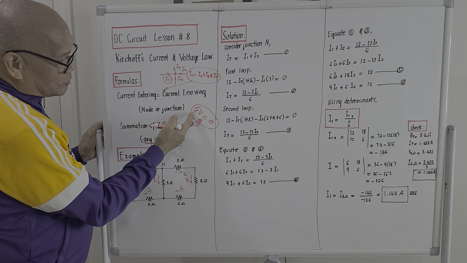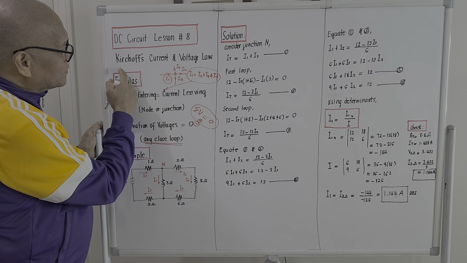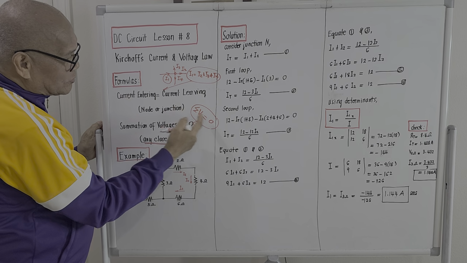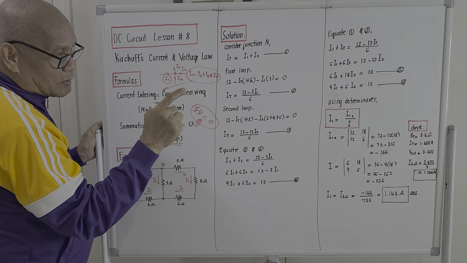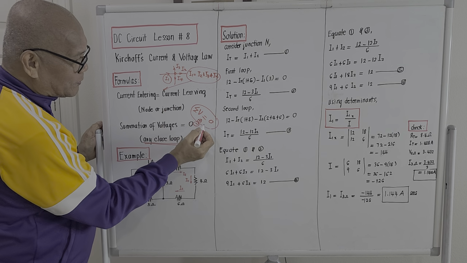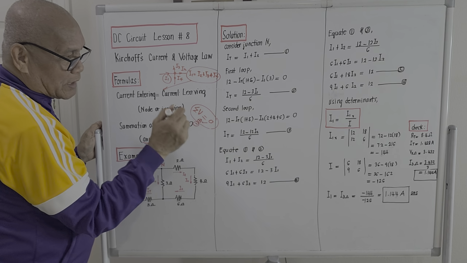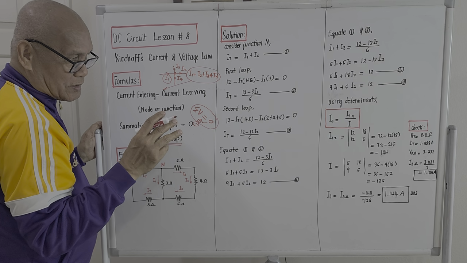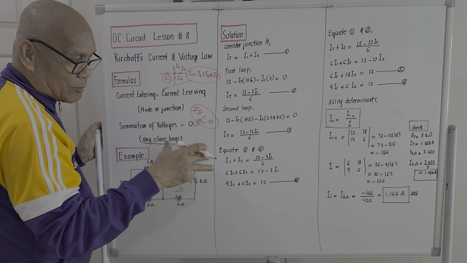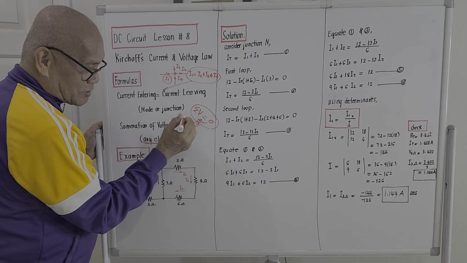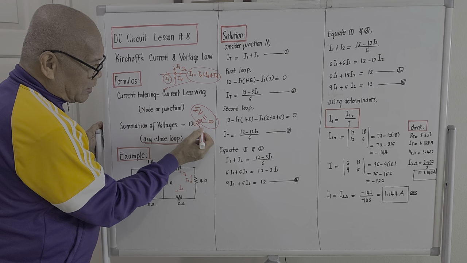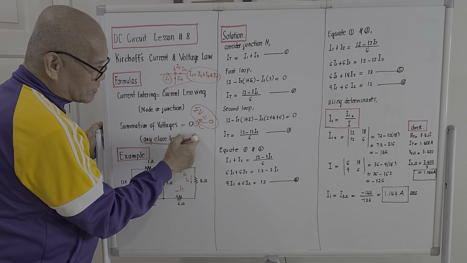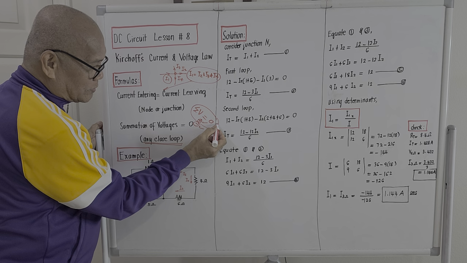In taking the summation of the voltages, considering Kirchhoff's voltage law, all voltages that are considered to be voltage source should have a positive sign. And all voltages that are considered voltage drop should have a negative sign. And the summation of the plus and minus on the left hand side should be equal to 0.